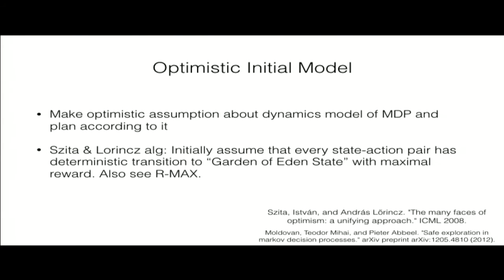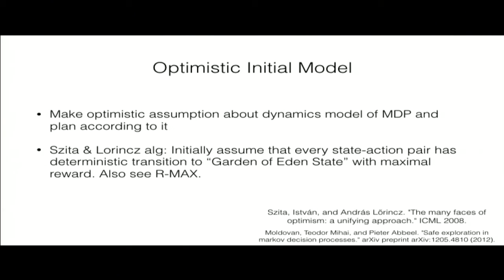Most of these algorithms start with an initial model of the world which is optimistic, meaning it assumes that if there are state action pairs you haven't taken very often, something really good is going to happen when you take that action at that state. That incentivizes the agent to reach all the states and take all of the actions enough times that it can properly identify the values of all these state action pairs.